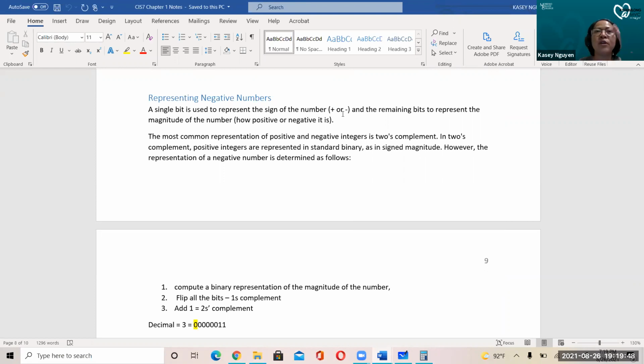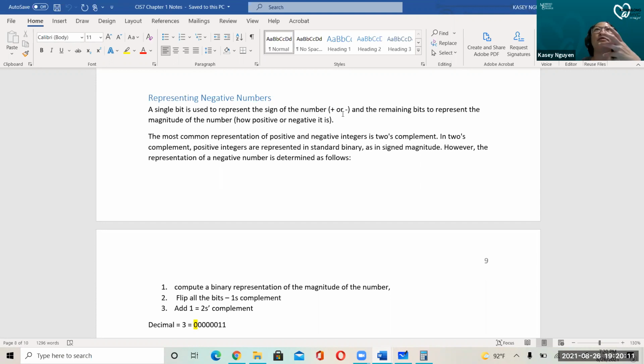Now, when you learn C++ or a programming language, especially C++ or C, when we type the data, sometimes you see programs that say unsigned and signed. So when you have signed in the type, you know that it stores negatives.